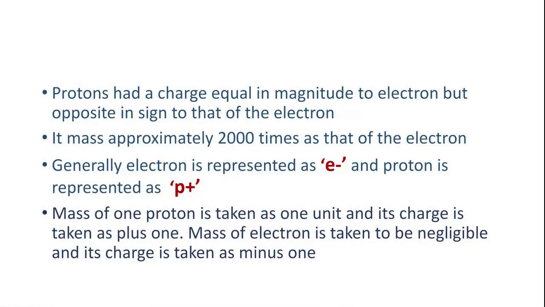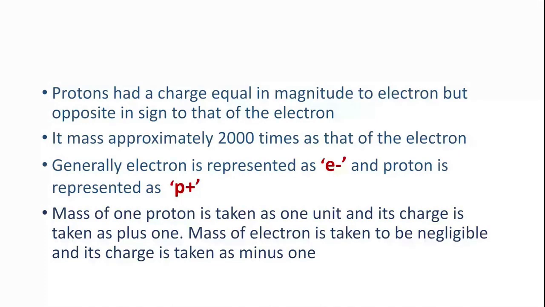Electron is represented as negative, so we write it as e minus. Proton is always positive, p plus. Mass of one proton is taken as 1 unit, and its charge is taken as +1. The standard unit for mass is the proton, 1 unit, and the charge is taken as 1.